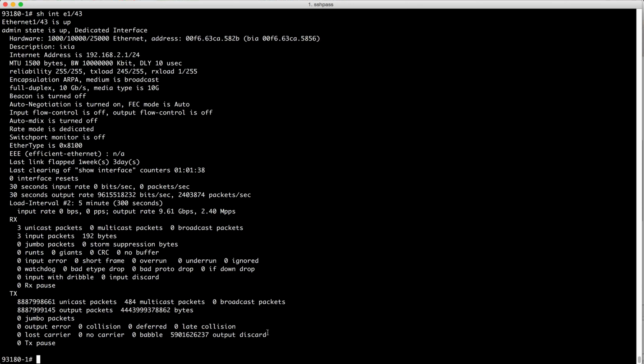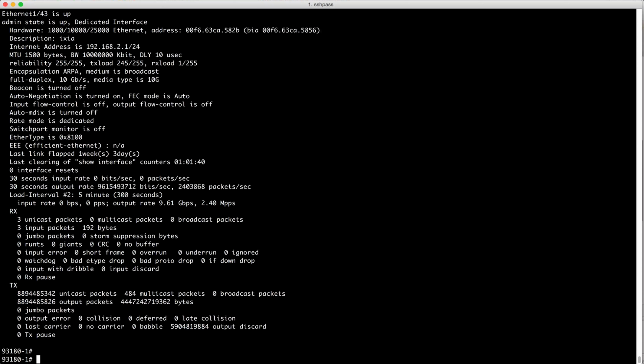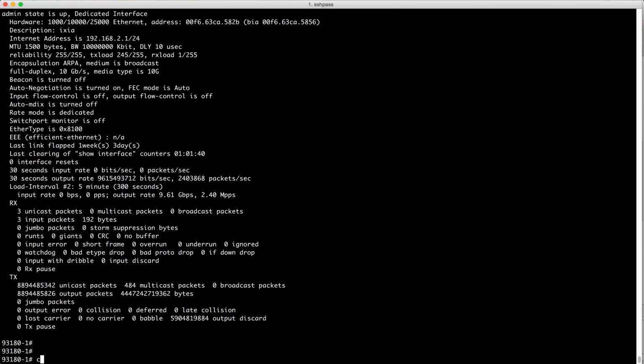So we see here the output discard keeps increasing. Of course, with TCP would adjust. But what we're going to show here is how we can manage the buffers so the elephant flows take only a reasonable amount of the buffer and leave sufficient headroom for microbursts to be absorbed. So let's take a look at the QS statistics.